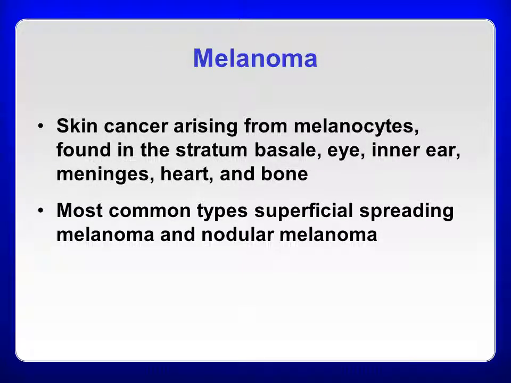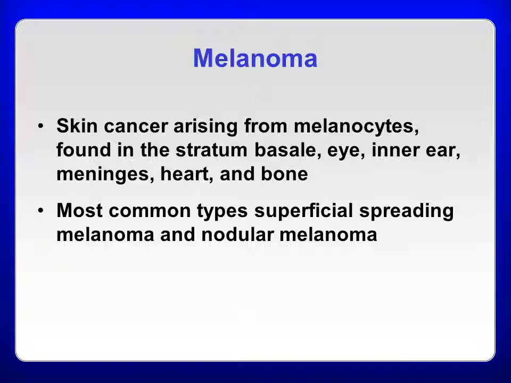Melanoma is a skin cancer that arises from melanocytes, and they show the areas where this can be found. This is where now you can get metastasis. The most common types are superficial spreading melanoma and nodular melanoma. Look at who's most susceptible to this.